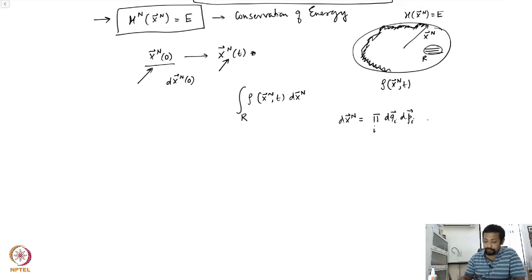On the surface, you also need to include delta of h of xn minus E, right?